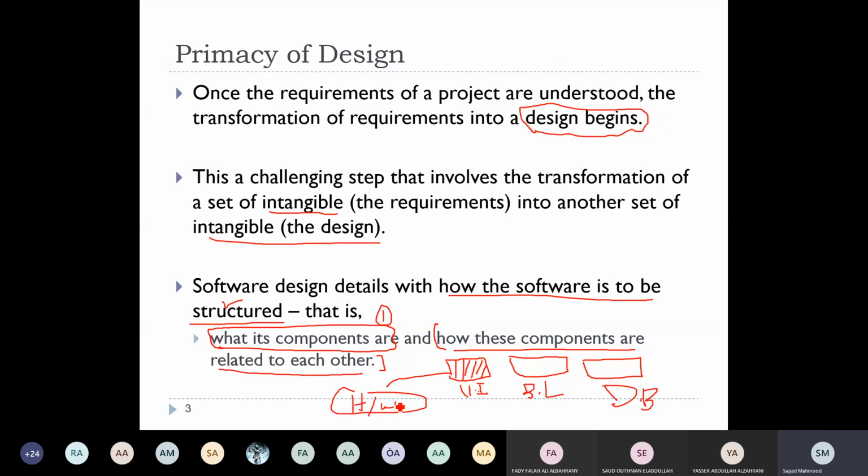So these are our components. Our application design is actually all about what are my components and whether these components interact with each other directly, or maybe they talk to each other in another way, so and so forth. Is this clear?